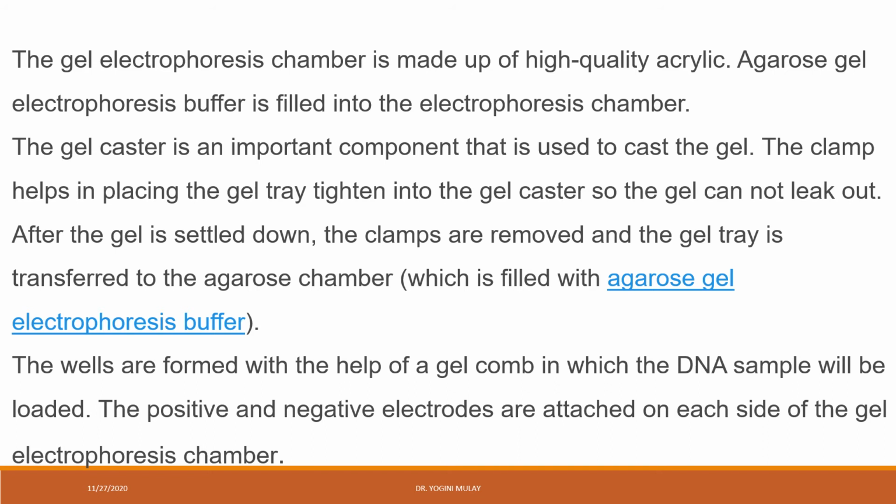The wells necessary to load the DNA sample are formed with the help of the gel comb, and in these wells we load the DNA sample. Next, the positive and negative electrodes are attached to each side of the gel electrophoresis chamber.